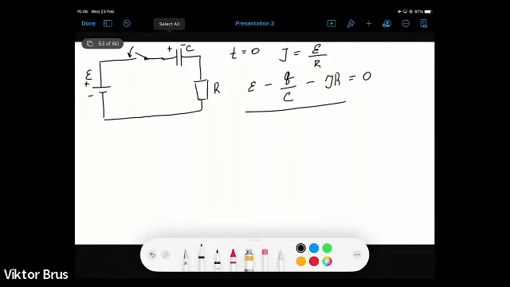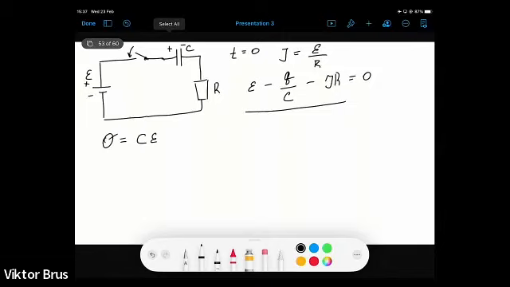If we increase the potential drop over the capacitor, that means there will be a reduction in the potential drop over the resistor, and obviously electric current will start to decline. So the maximum electric charge which can be accumulated by this capacitor, Q, is equal to the capacitance times the electromotive force of the battery.